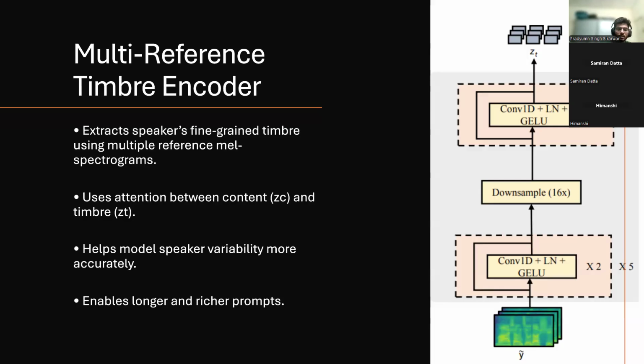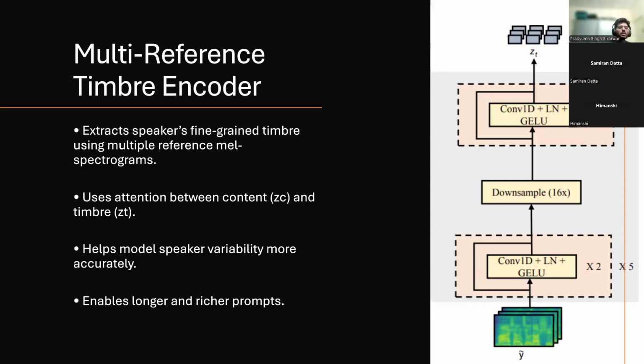As I explained earlier, multiple reference sentences will be given as a data set to the model. In the model, we have an encoder with multiple layers, and each layer has a conv 1D, layer normalization, and GELU activation.